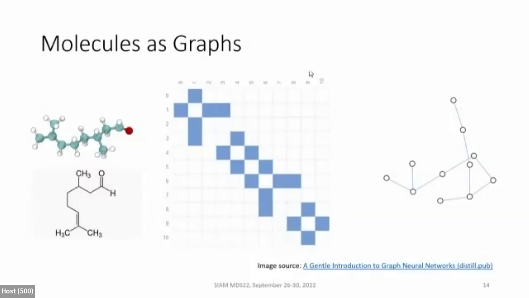In this example, the number of neighbors to each node is variable, so it gives you a more complicated structure. So molecules are in general harder to phrase using other representations than a graph.